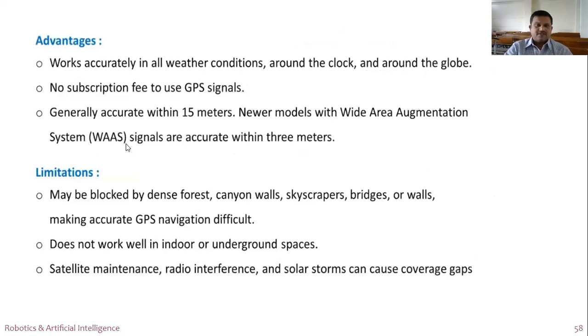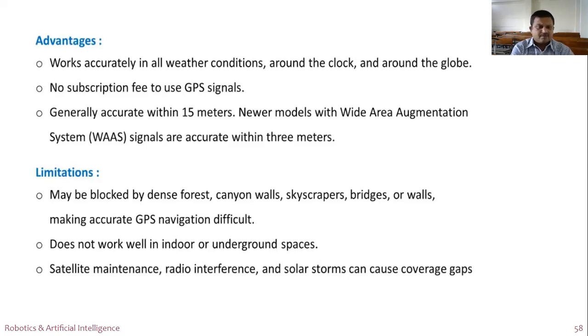Their advantages: they work accurately in all weather conditions, around the clock and around the globe. There is no subscription fee for GPS signals, and they are generally accurate within 15 meters. Newer models with Wide Area Augmentation System signals are accurate within 3 meters.